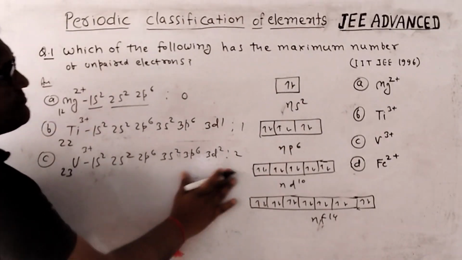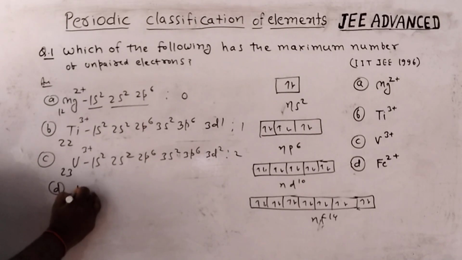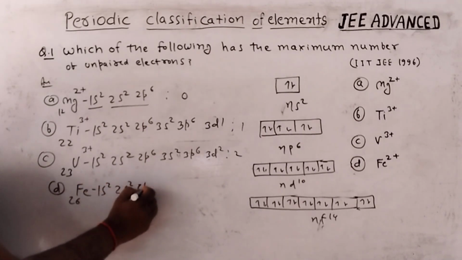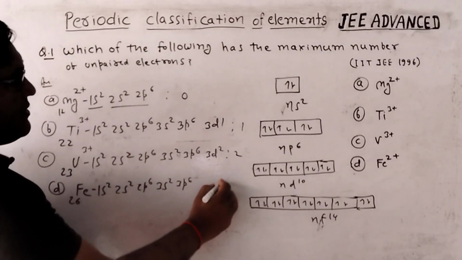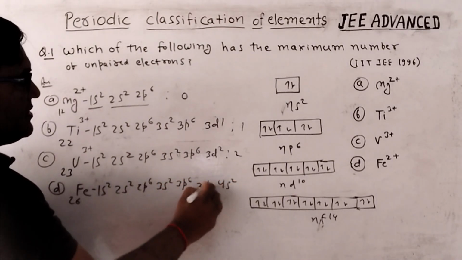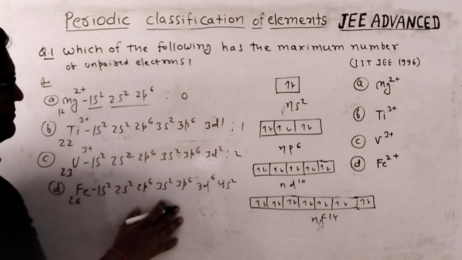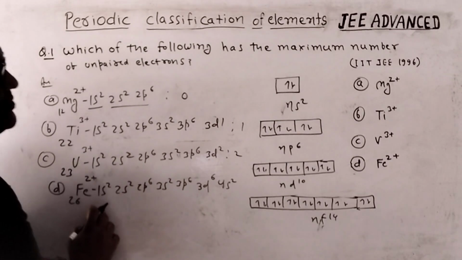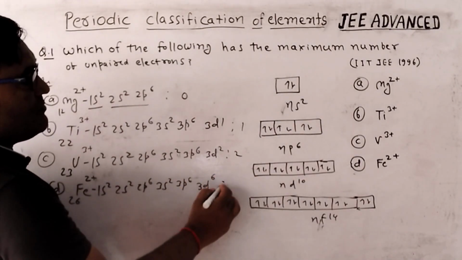Now in case of iron, option D, atomic number 26, 1s2, 2s2, 2p6, 3s2, 3p6, okay, 4s2 and 3d6. Now due to presence of 2 positive charge, 4s2 becomes 0.